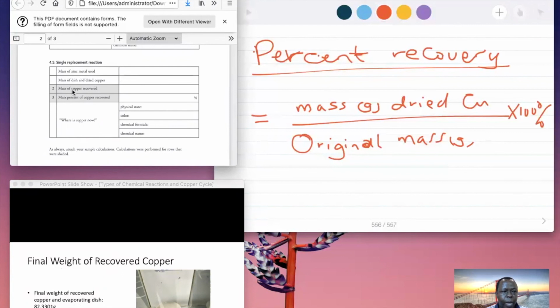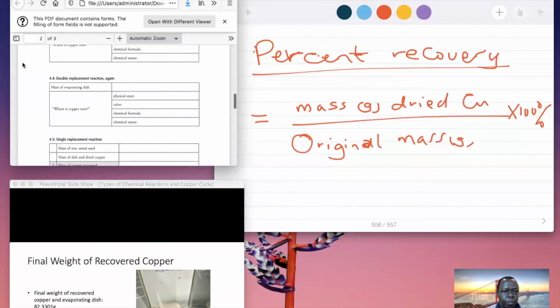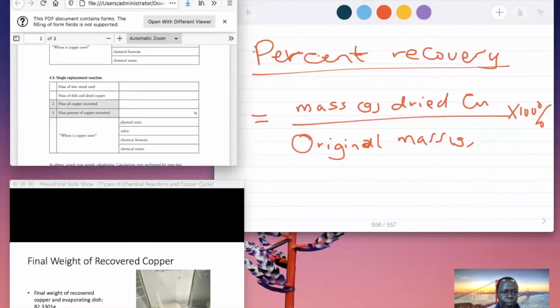How do we get the mass of the recovered copper? It will be the mass of the dry copper and the dish minus just the mass of the evaporating dish. So 4.4 here is the evaporating dish by itself. And in 4.5 here, the mass of the evaporating dish and dried copper, you subtract this and it will give you the mass of dried copper.